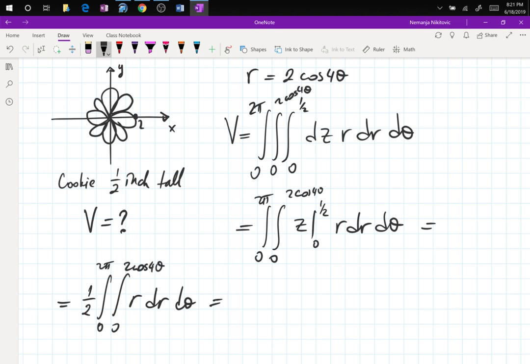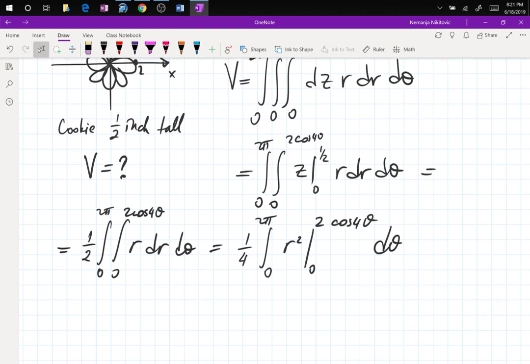Now we're going to integrate r. Integrating r, we're going to get r squared over 2, so I'll kick the 1/2 outside, and I will just have r squared computed from 0 to 2 cosine 4 theta, and I still have d theta to deal with.